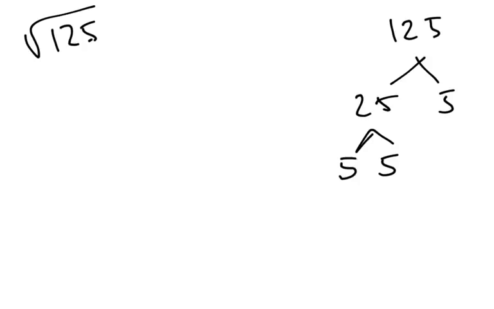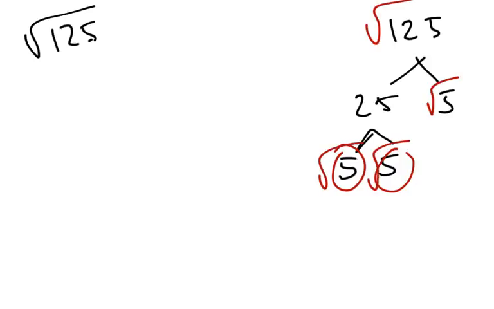The first process that I showed you: for every 2 of the same, technically remember, all of these are inside the radical, so for every 2, 1 comes out. But I have one 5 left, which is going to stay inside the radical. So your final answer is going to be 5 square root of 5.